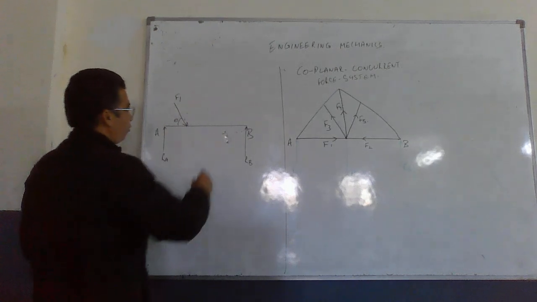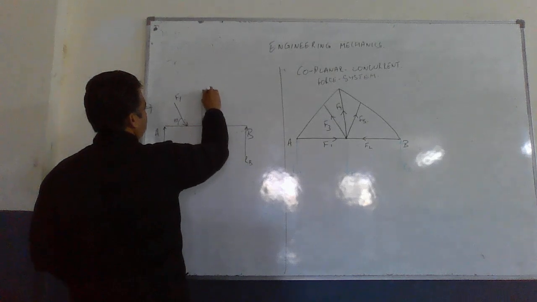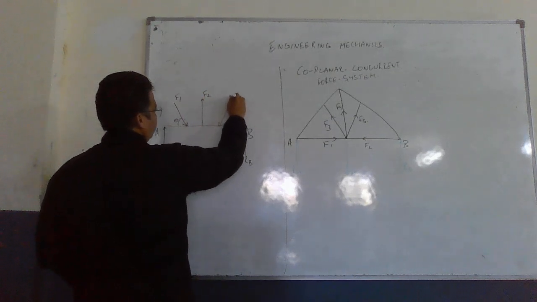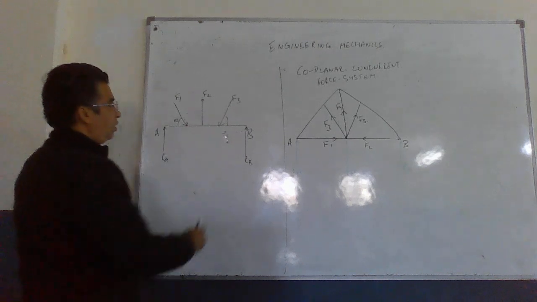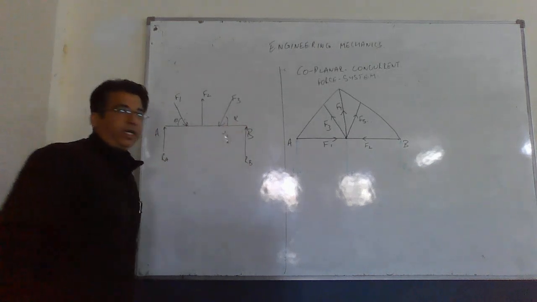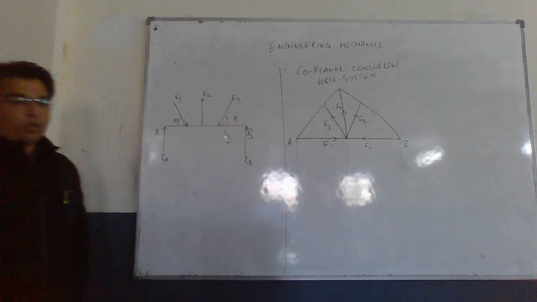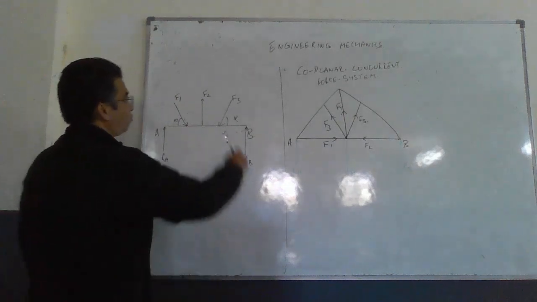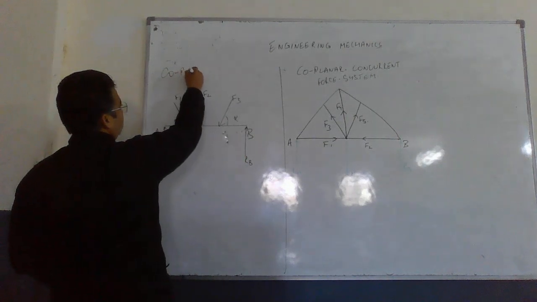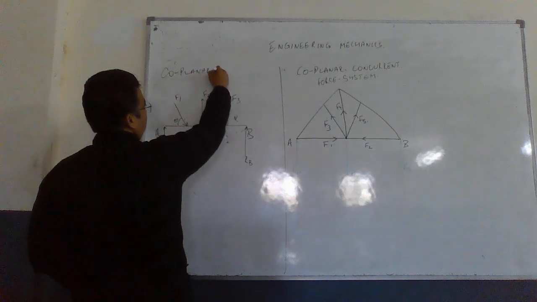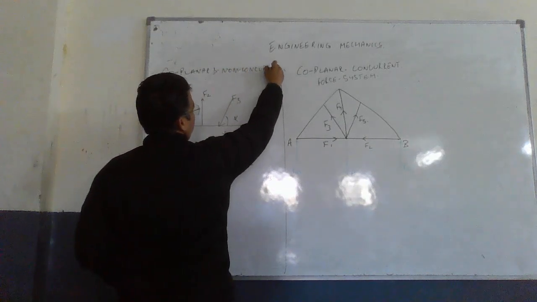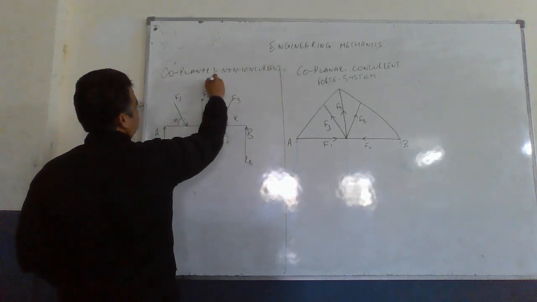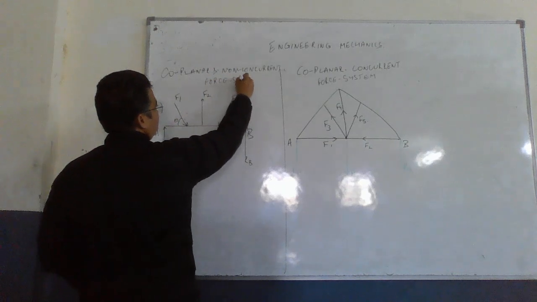Then you have force F2 that is going in the upward direction, and then you have a force F3 that is coming here, and I am representing it at alpha. So what I have created is a free body diagram for a coplanar and non-concurrent force system.